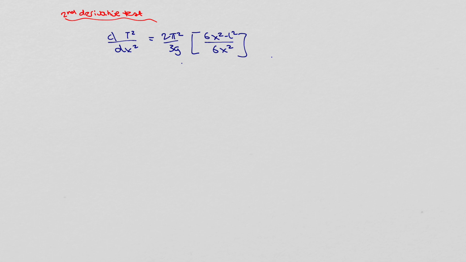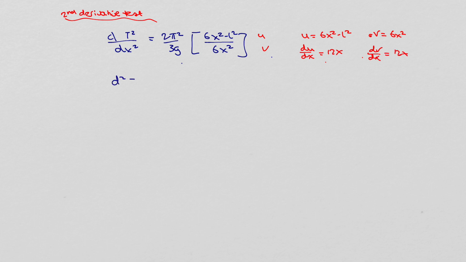Okay, so again, if I'm differentiating, we'll have u and v. So u is going to be equal to 6x squared minus L squared. So du dx will equal 12x. And v is equal to 6x squared. So dv dx is equal to 12x.